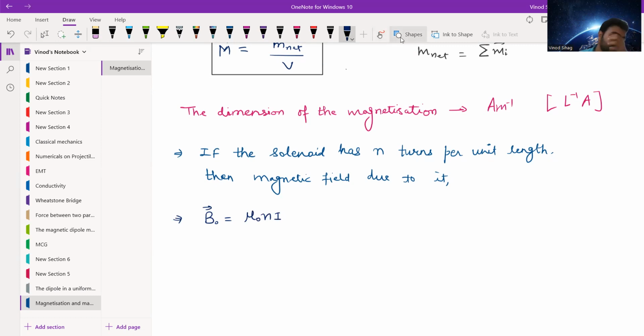Now the total magnetic field will not be just because of the solenoid, it will be because of the magnetization also.